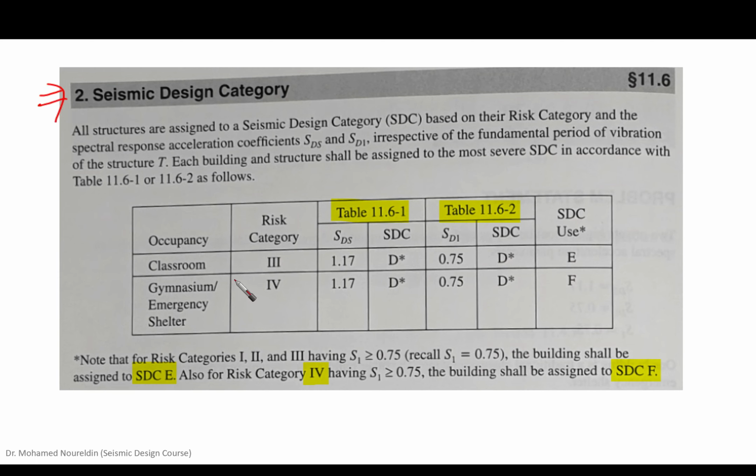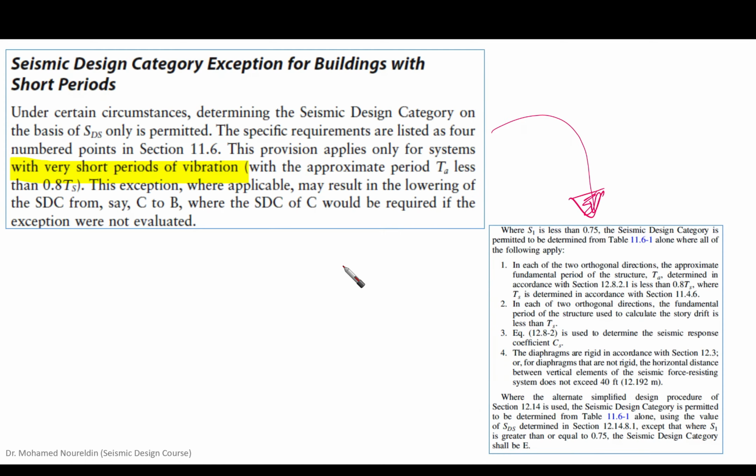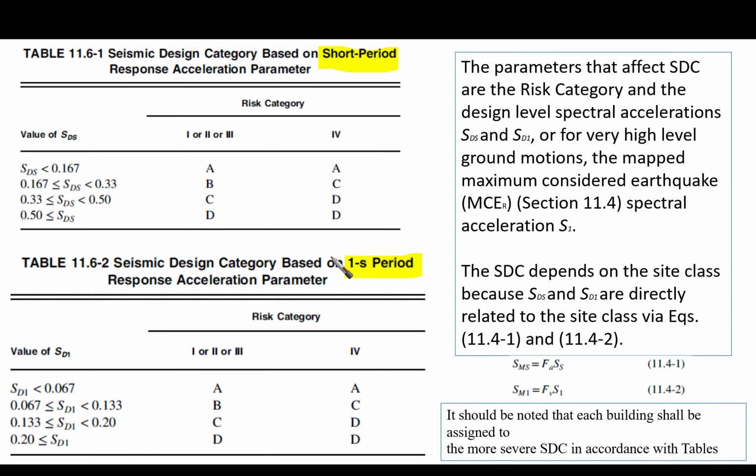Actually, from the table we know the occupancy category, we already obtained it, and 1.17 is SDS. If you visit Table 11.6-1, you're going to find that SDS is higher than the threshold. From the table, SDS is higher than 0.5, so this means D, right?